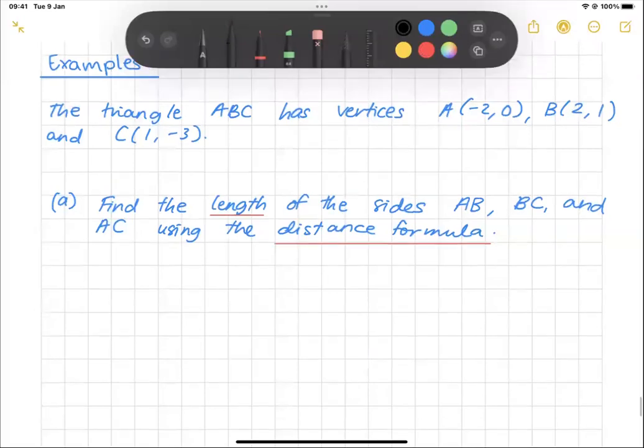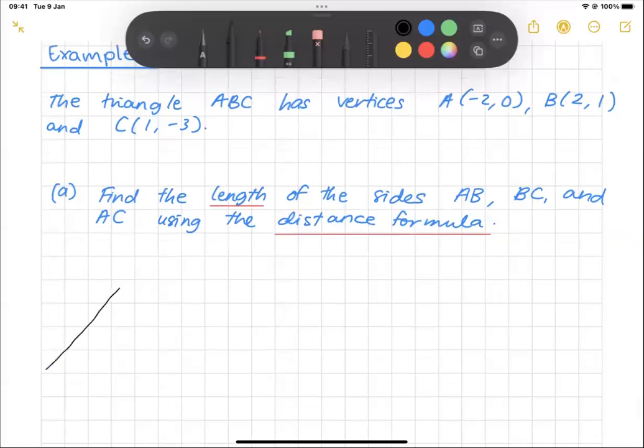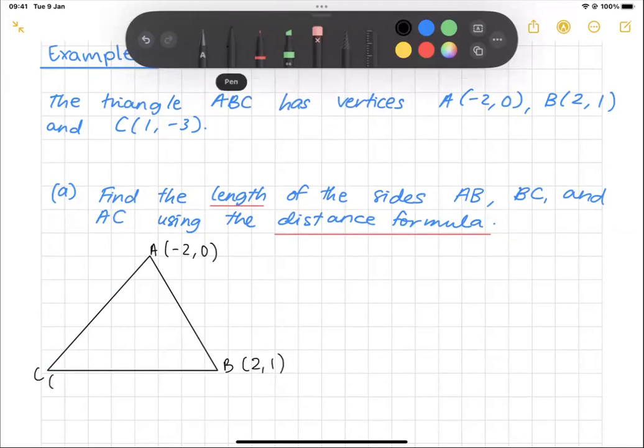All right, so first things first. I'm going to draw a triangle, because that's what we're dealing with. It has the vertices A, B, and C, whose coordinates are -2, 0 for A, 2, 1 for B, and for C, it's 1, -3.